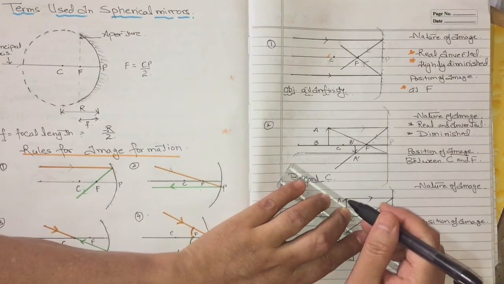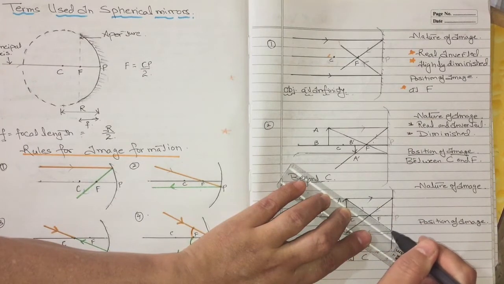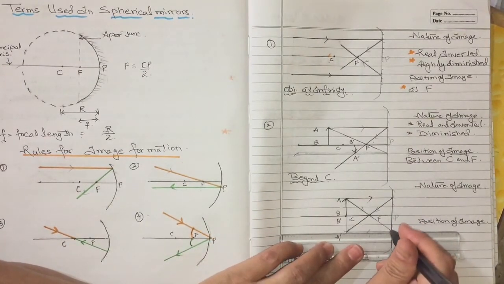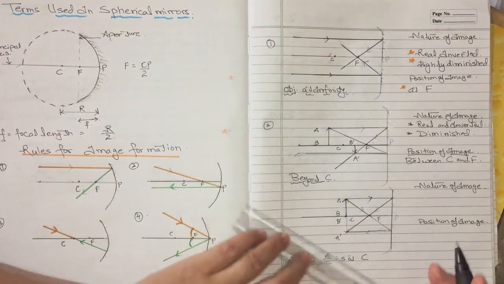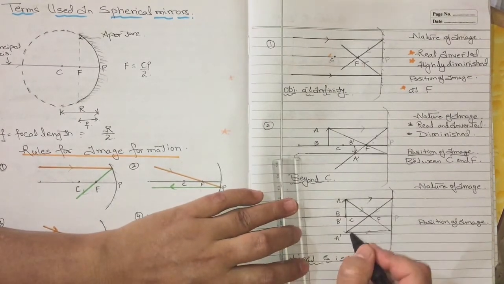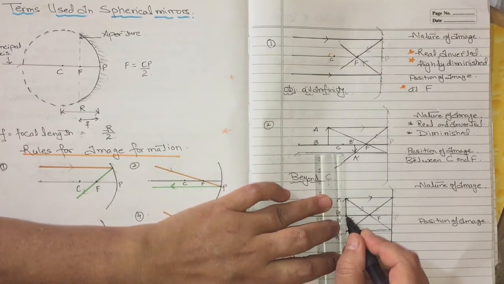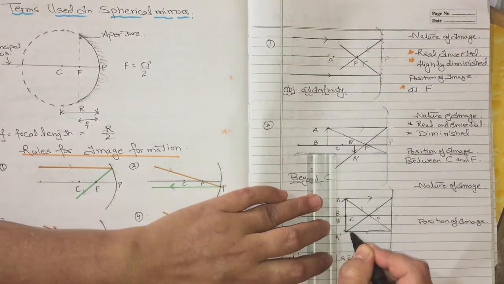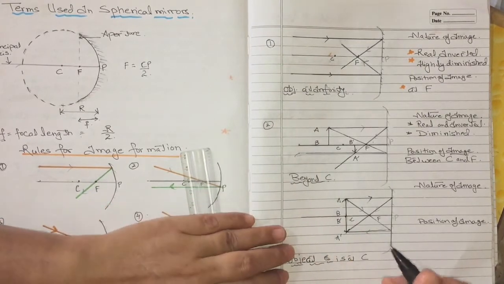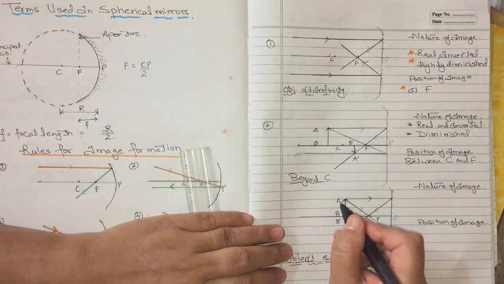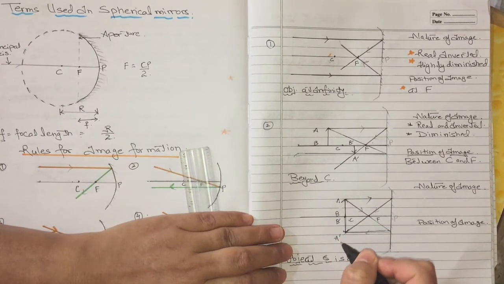Now the second ray is passing through the focus, so after reflecting back from the mirror, it will be parallel to the principal axis. As we can see, these 2 rays are meeting over here. So an image is formed here at this point. Object is named A and B, image is named A dash B dash.